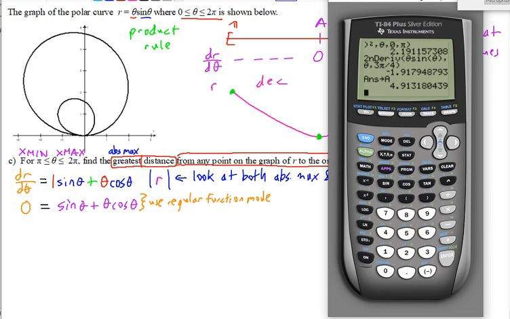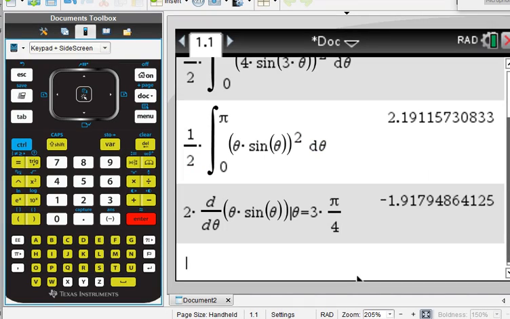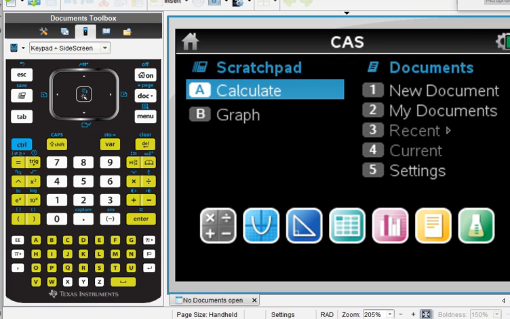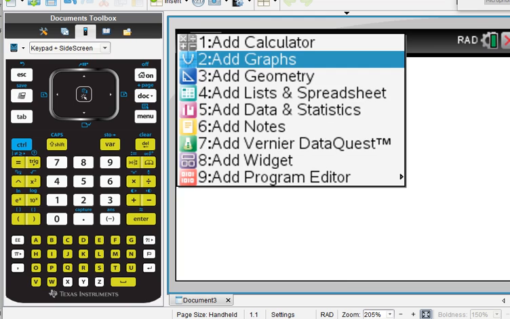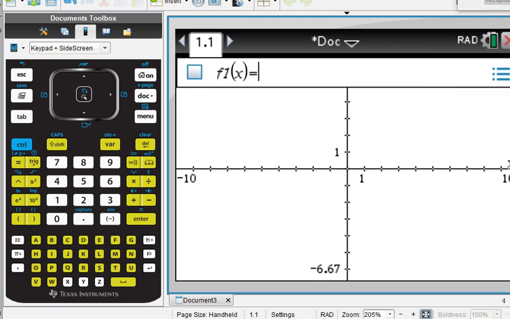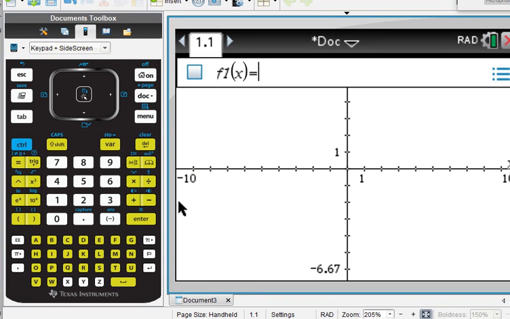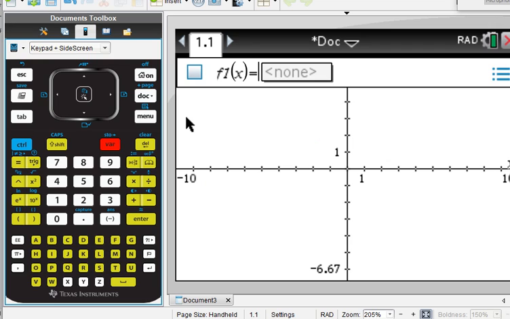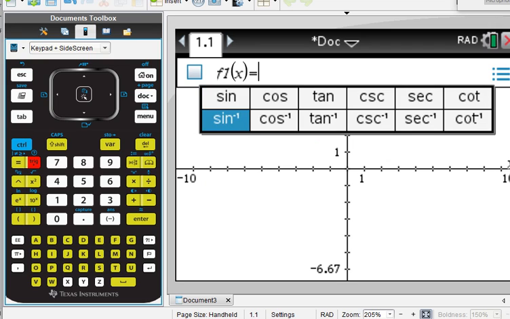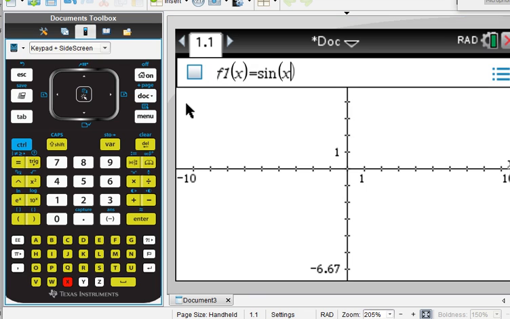All right, then for the Inspire, I'm going to close this one out here and open a new document. Okay. And then add the graphs first. So then we go back, we want to graph the derivative, sine of x, or in this case we have to enter it as x in regular function mode, plus x cosine of x.